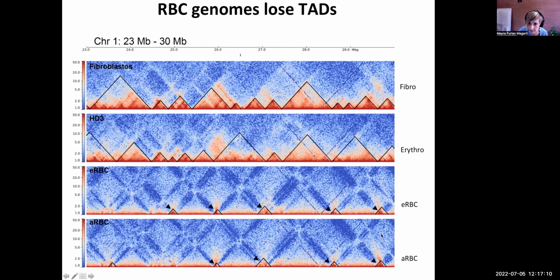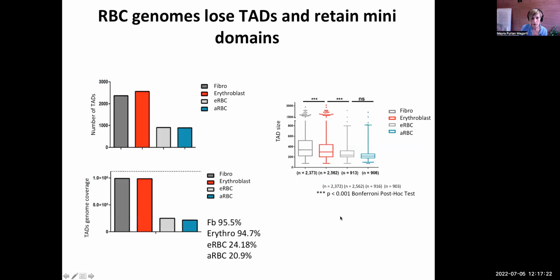However, we could still see small domains, which we named mini domains, in these erythroid genomes. And when we quantified this in a genome-wide manner, we could see that indeed the number of domains is decreasing robustly in the red blood cells, both by counting them and by looking at the genome coverage of these structures.